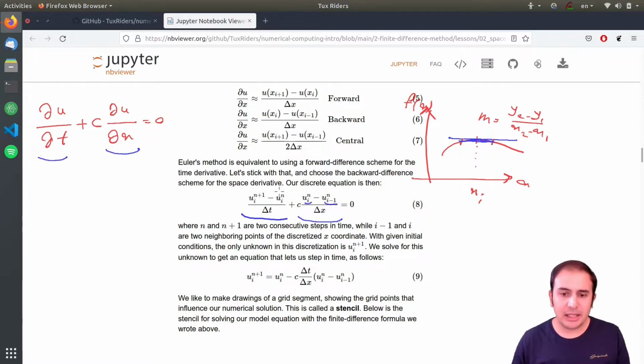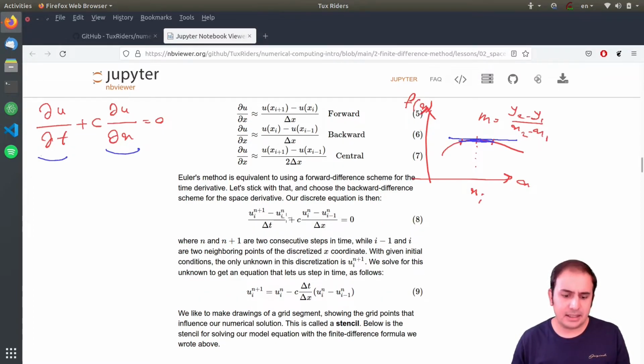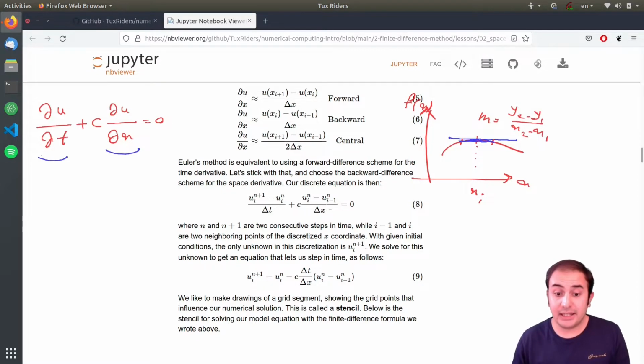Using this formulation, we can easily compute this by writing a simple program. We can rearrange this formula into the one that we want to solve each time: the value of u at each coordinate for the next time step, assuming that we know the value in the previous time step.